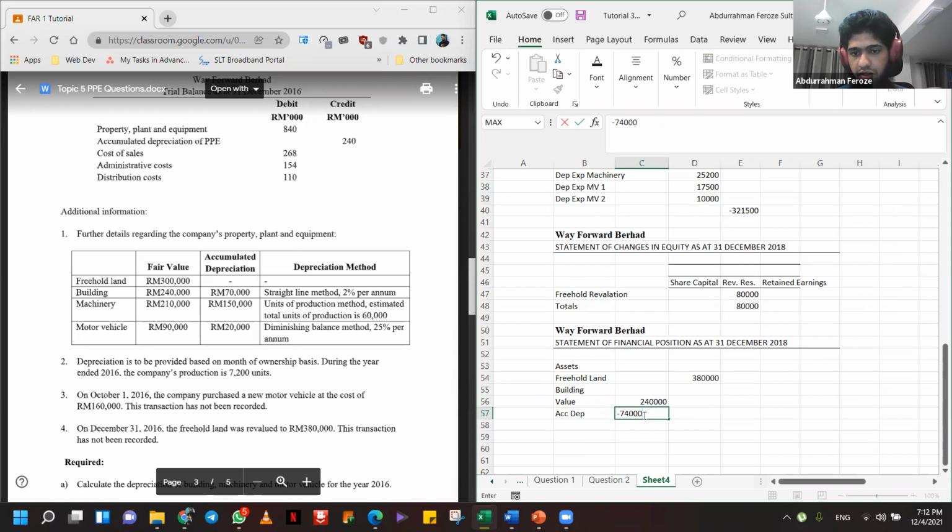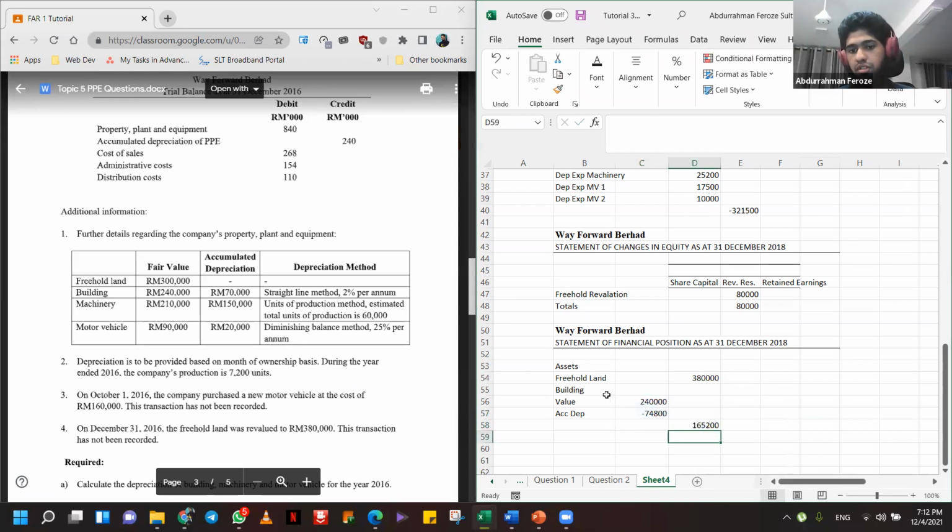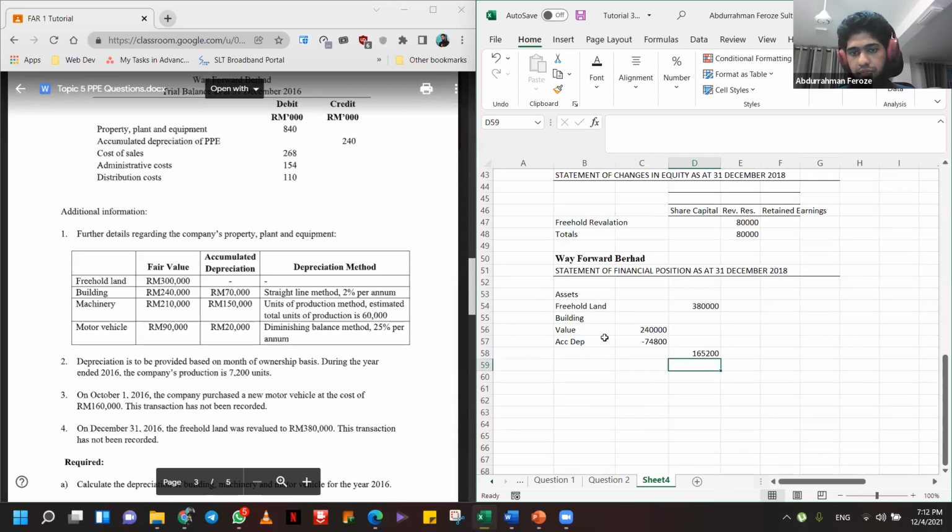Then the value of the building is 165,200, right? Okay, and then likewise, let me just copy this and change the name. Then we have machinery. What is the value?